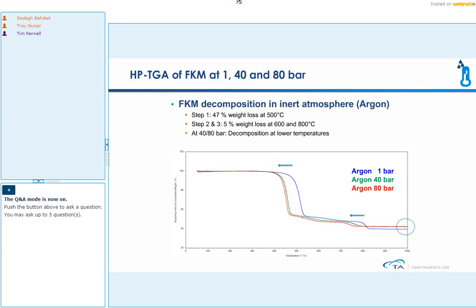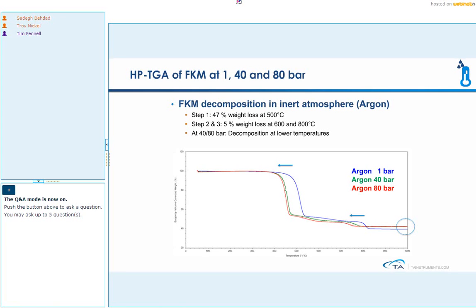Here's the graph under argon. The way you would go about this is that you would look at the drops. What are the temperatures at which you start to degrade your sample? And then you would also look at the area shown in that dashed circle at the end. How much was your residual weight? You can see there are 2 bigger drops, and then a less pronounced drop in the middle.